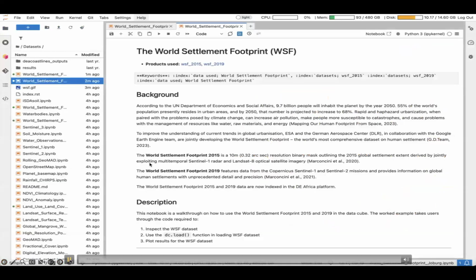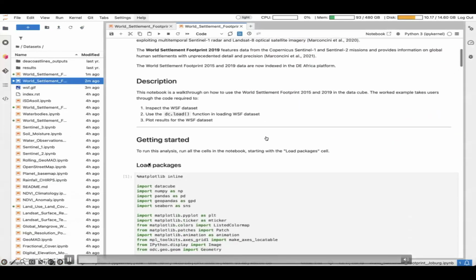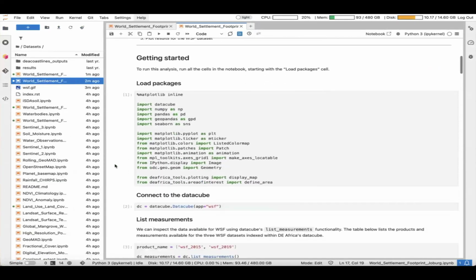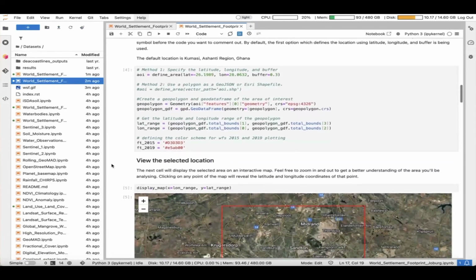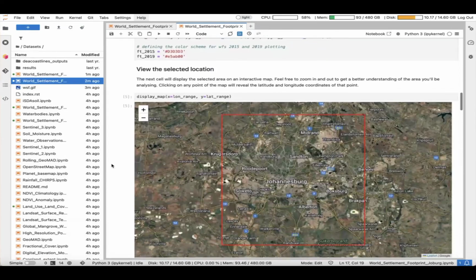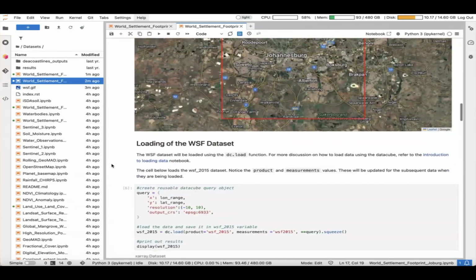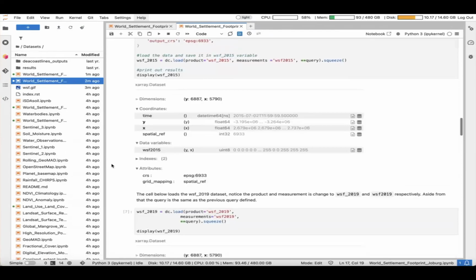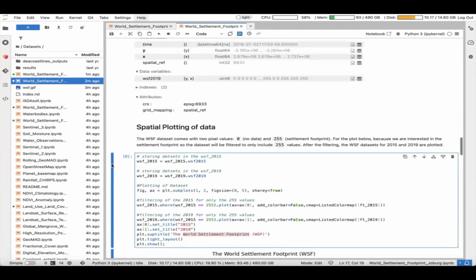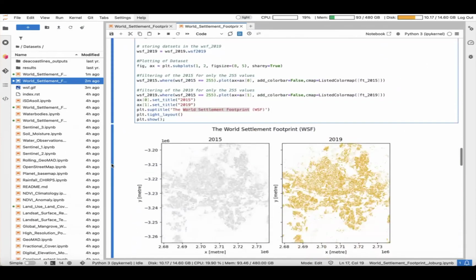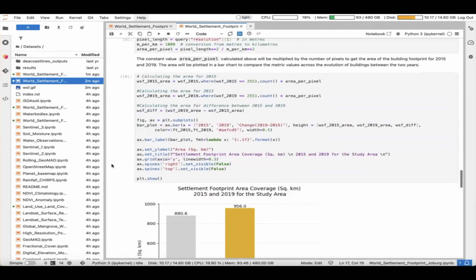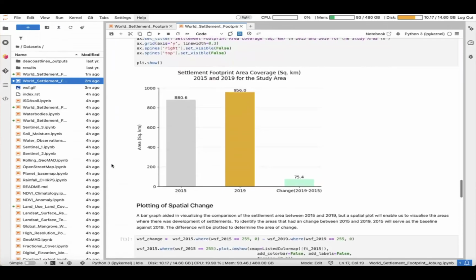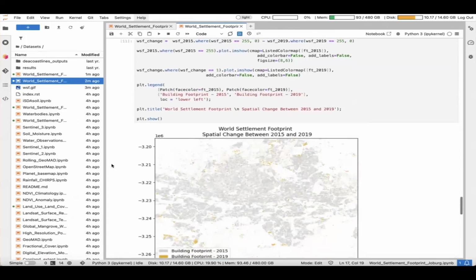Just to give you a demo of the same, we have the World Settlement Footprint in your datasets folder. This is the notebook, and the workaround is just to change the extents of your study area, looking at now the case of Johannesburg. We're able to get data sets of 2 different times, and also scaling this to see the difference between at least 2, 3, or 4 years.